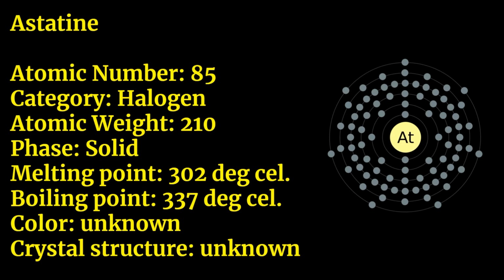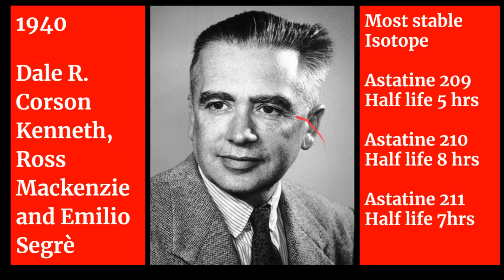The element was finally isolated in 1940 by a team at the University of California, Berkeley, USA, including Dale R. Corson, Kenneth Ross Mackenzie, and Emilio Segre. As we move into the next slide, you can see he was the discoverer of the element astatine.